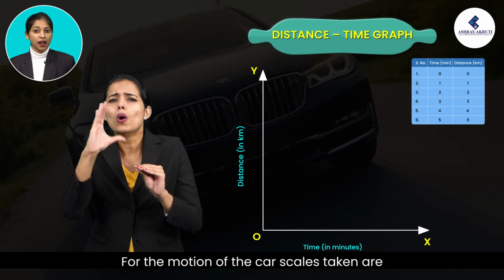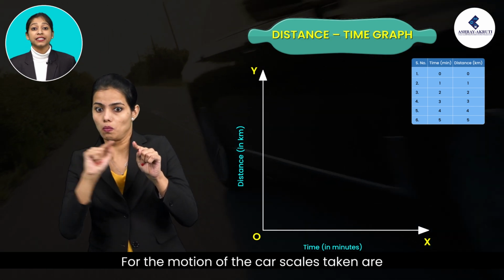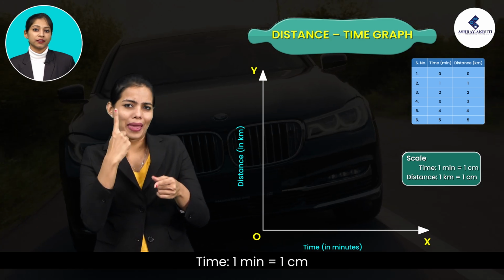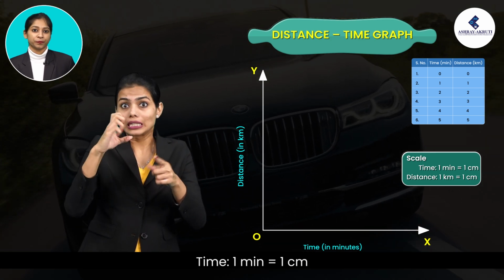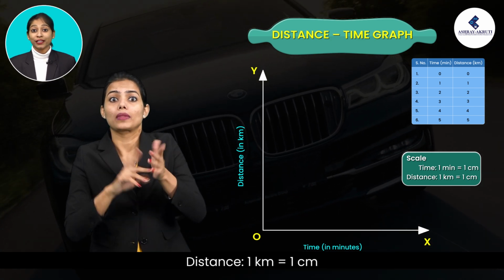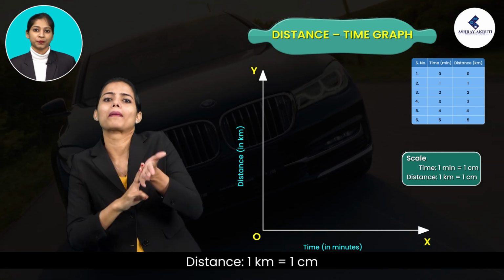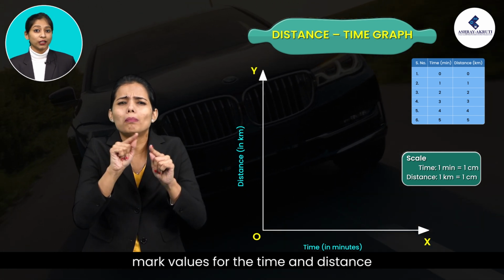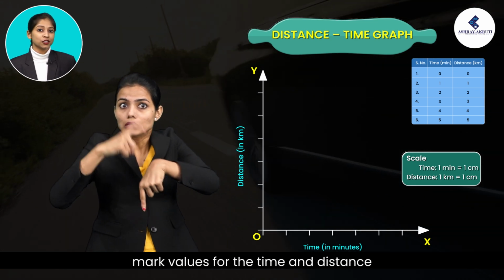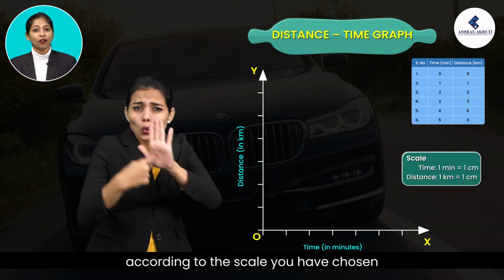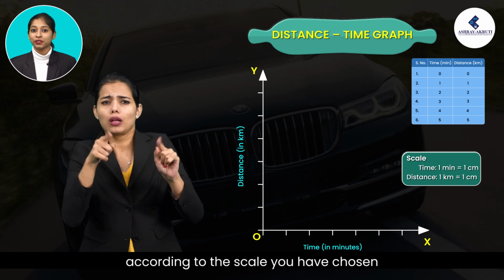For the motion of the car, scales taken are: time, 1 minute is equal to 1 centimeter; distance, 1 kilometer is equal to 1 centimeter. Mark values for the time and distance on the respective axis according to the scale you have chosen.